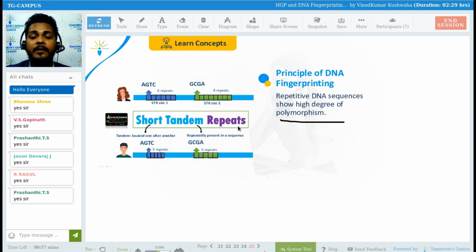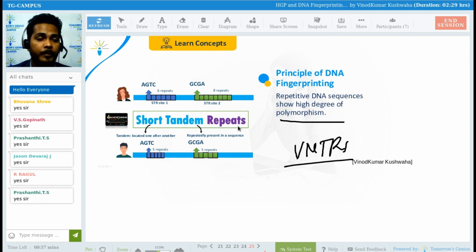These are called variable number of tandem repeats, or as I told you, VNTR. This is slightly different from person to person. These VNTRs are called minisatellites, and each individual inherits these repeats from his or her parents, which are used as a genetic marker in the personal identity test.